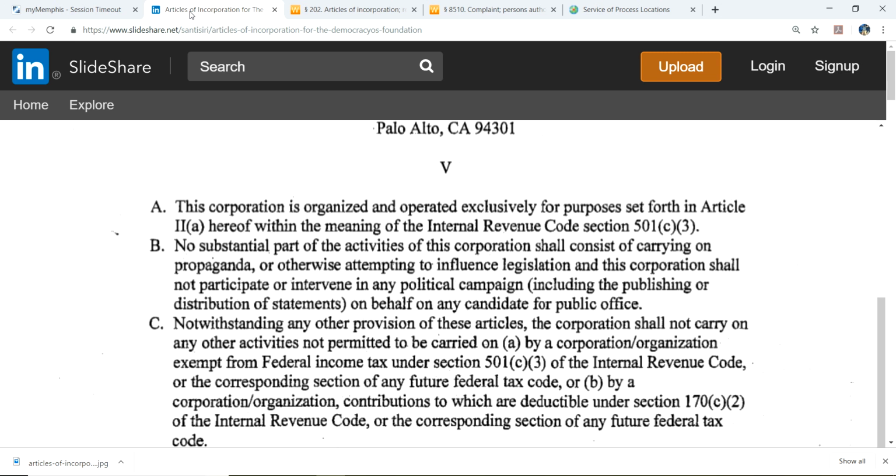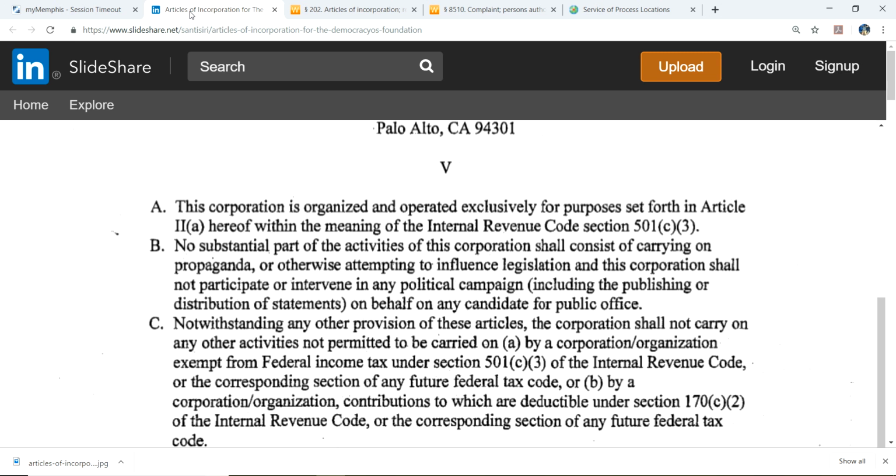It says under section 5A, the corporation is organized and operated exclusively for purposes set forth in Article 2A hereof within the meaning of the Internal Revenue Code 501(c)(3). Part B, no substantial part of the activities of this corporation shall consist of carrying on propaganda or otherwise attempting to influence legislation. Corporations shall not participate or intervene in any political campaign.